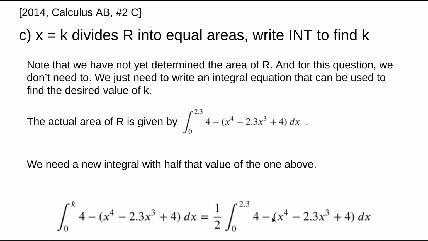Remember, this integral is the actual area of region R. So if this one equals half of that, the value of k that makes that true would be the line x equals k that cuts it exactly in half.